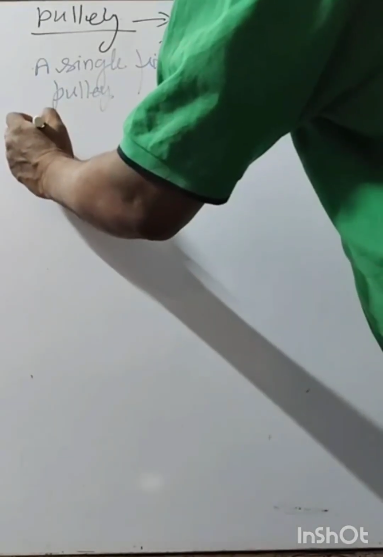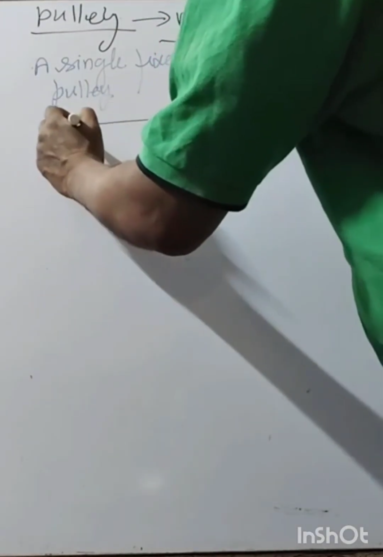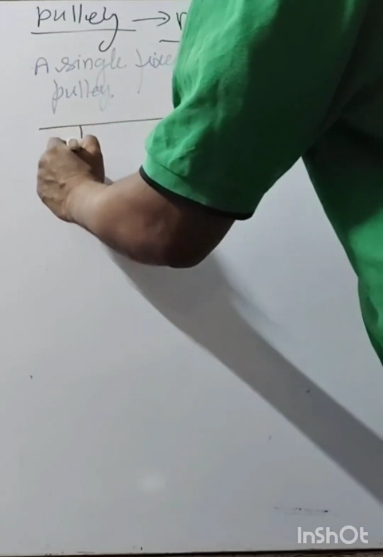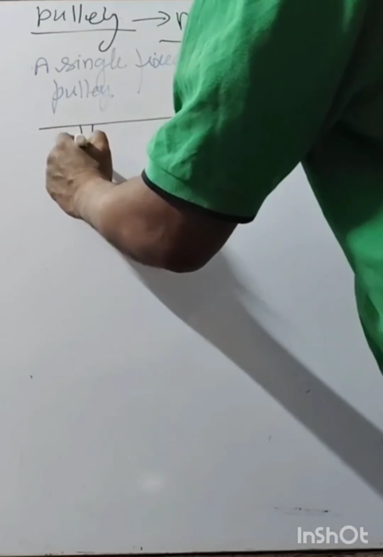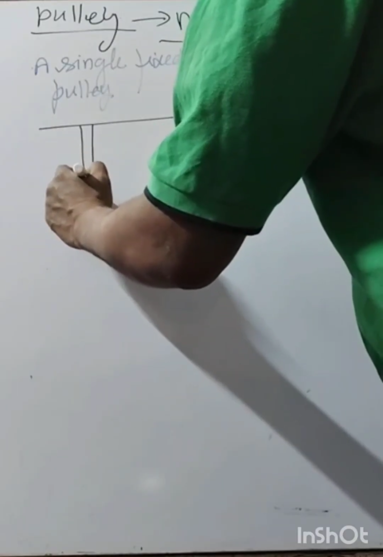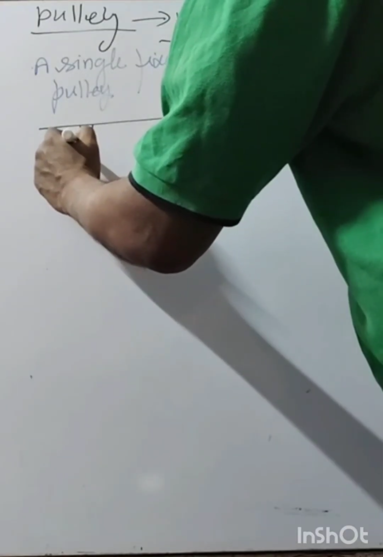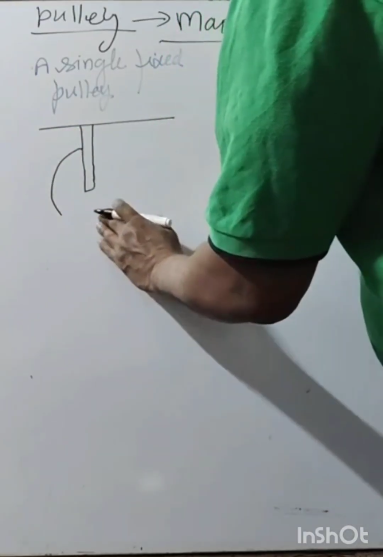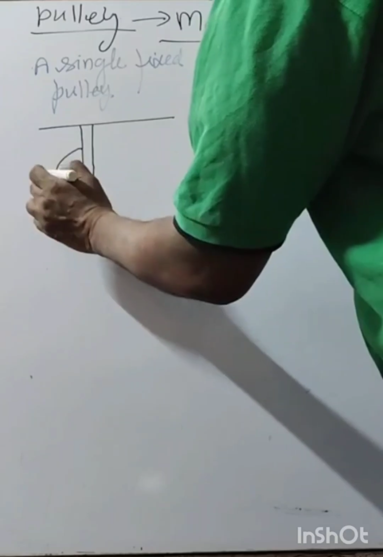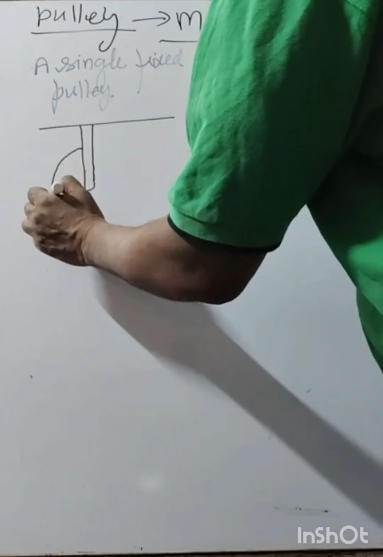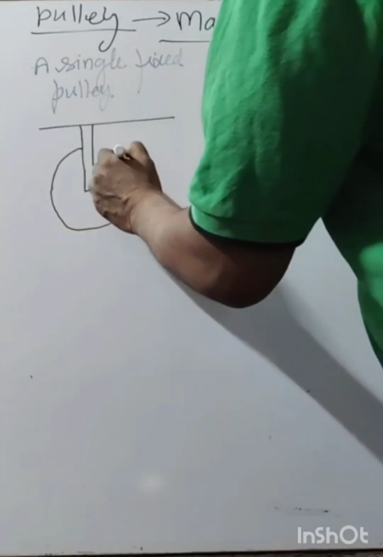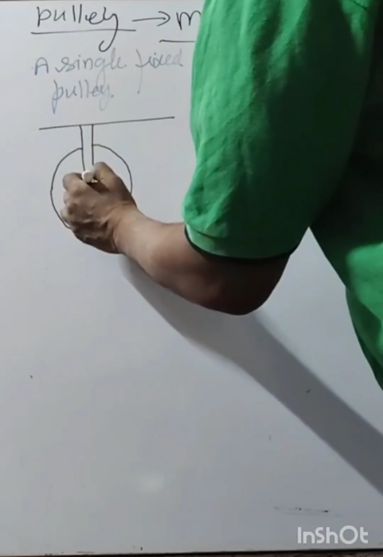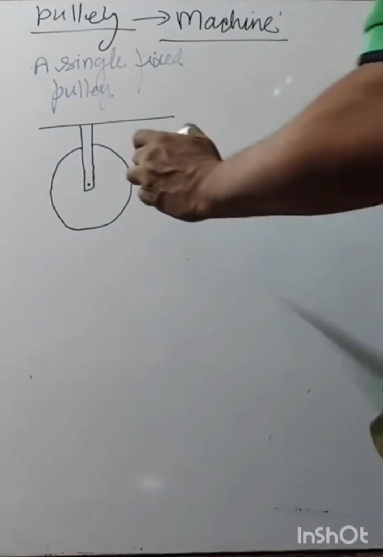There is a surface, right? And it is fixed. So this is the wall, and here it is. This is the axle, right?